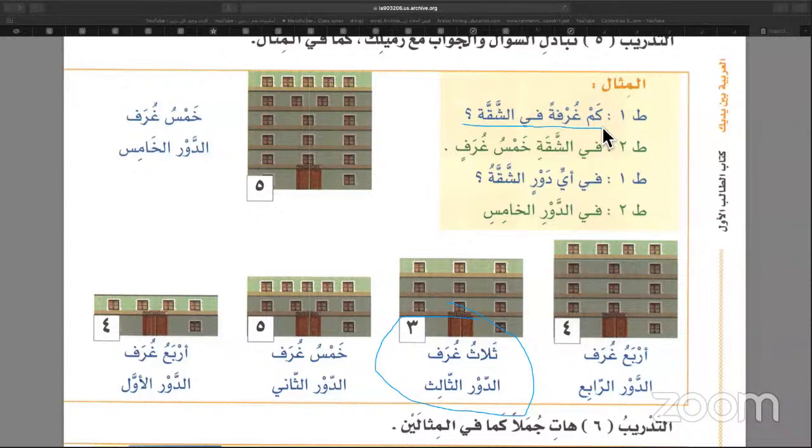Okay, so ask that question. كم غرفة في الشقة؟ Oh, which apartment floor do you live? كم is how many. غرفة is room. How many rooms in the شقة? How many rooms in the apartment?